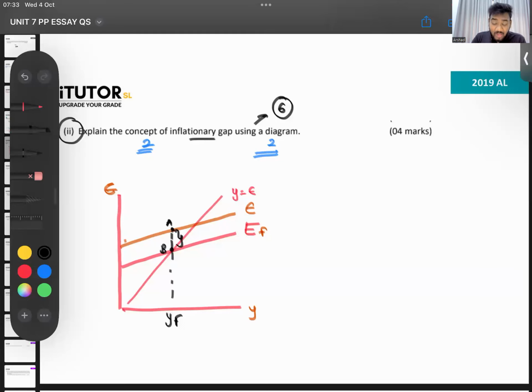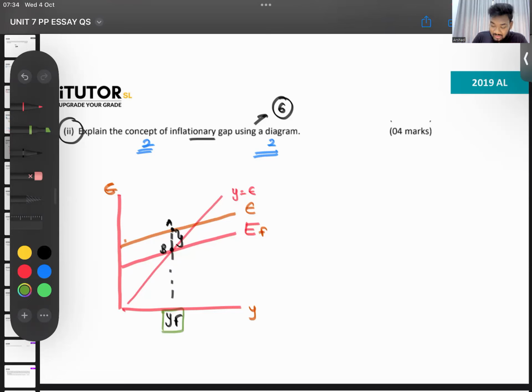Then Lamai, what is the inflationary output gap? Now remember the two axes, this side is expenditure, this side is output. What I just showed, the distance between A and B, is the inflationary expenditure gap. Then what is the inflationary output gap? Here, if you are at EF, you are at equilibrium.